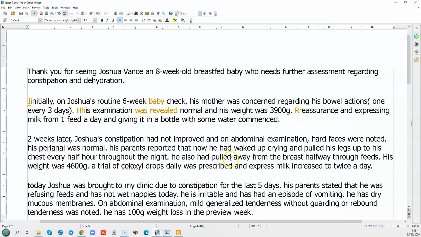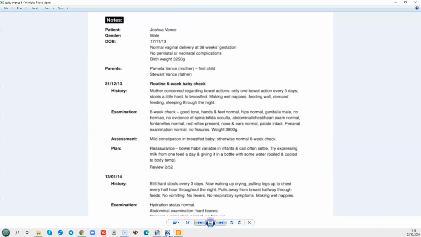Okay, so reassurance commenced. What? How can reassurance commence? And how can giving it in a bottle with some water commence? Did you commence this? Well, no. What in fact you did, this is the plan. So you reassured her that the bowel habit is variable, and you advised her to express milk, give it in a bottle, blah blah blah.